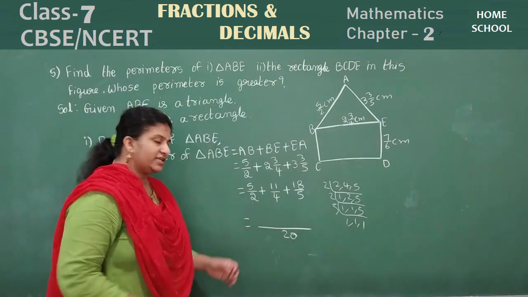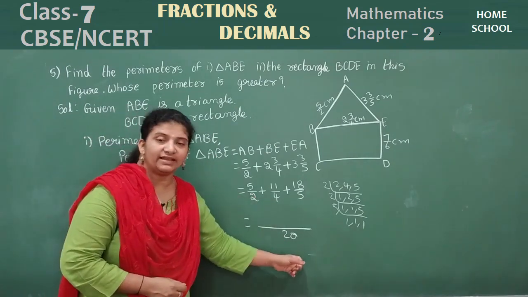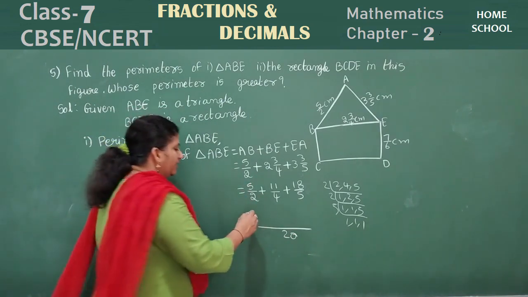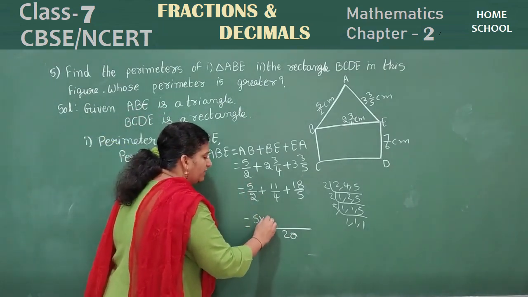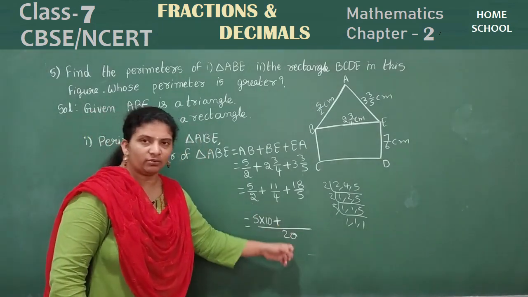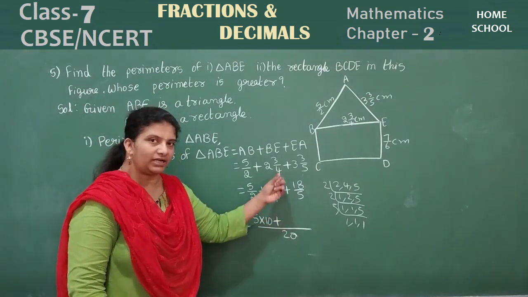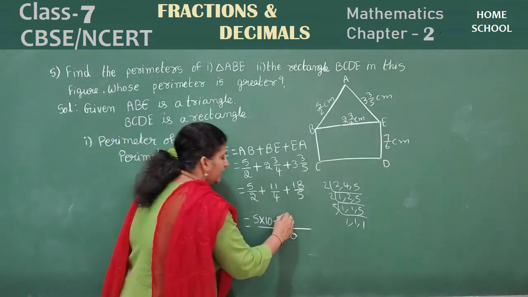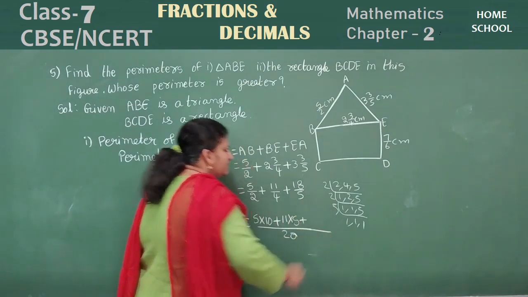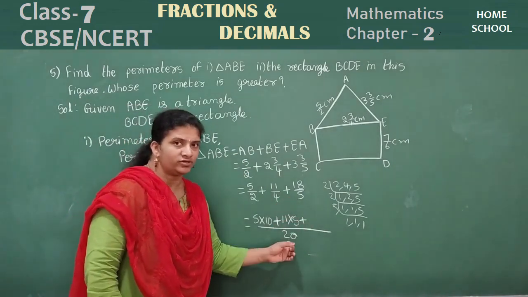How do we do the addition here? In 2 table where do you get 20? 2 10s are 20, right? That 10 multiplies the numerator. That will be 5 into 10, plus 4 table where you get 20? 4 5s are 20, right? That 5 multiplies the numerator. That will be 11 into 5, plus 5 table where you get 20, 5 4s are 20.